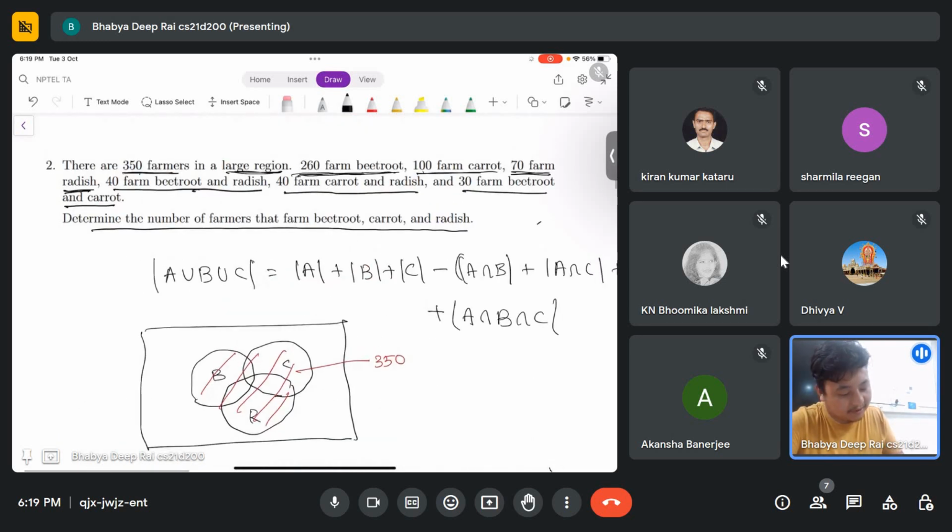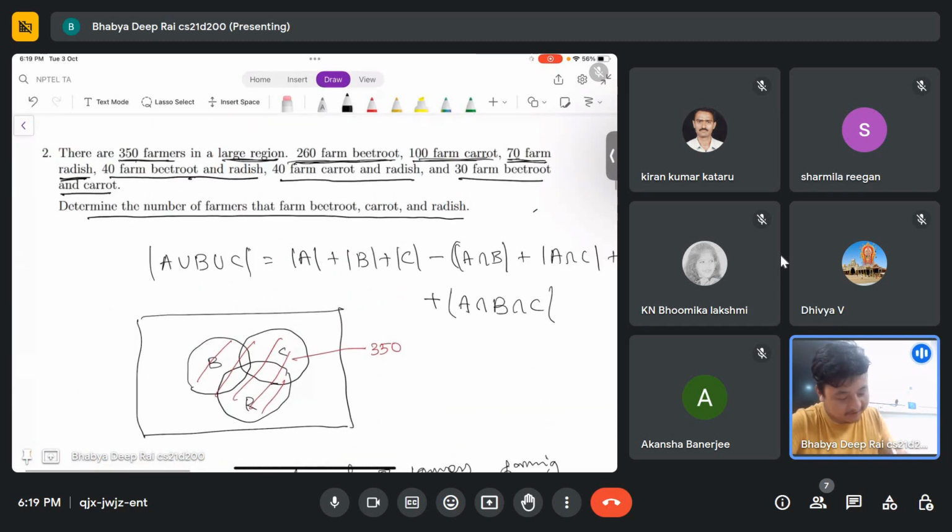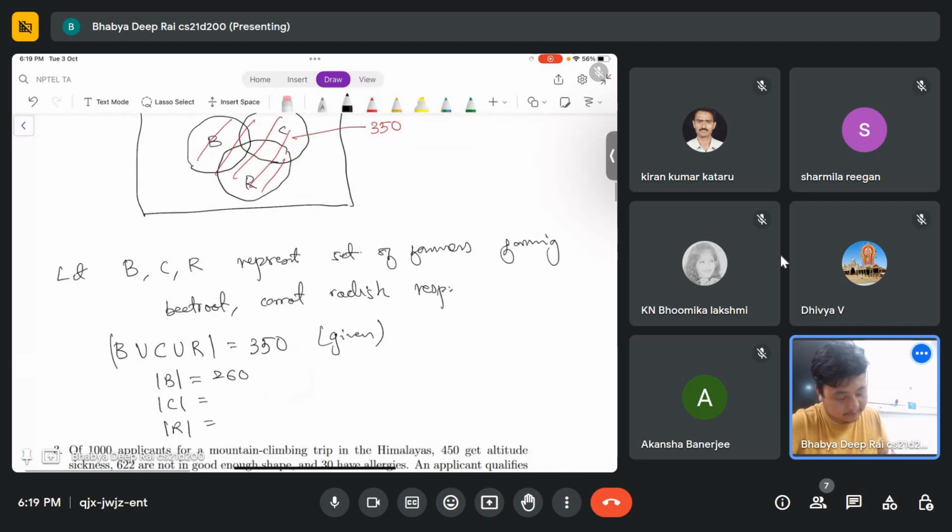260 farm beetroot, 100 farm carrot, and 70 farm radish. So the number of people who farm beetroot, carrot, radish are 260, 100, 70. Is it not?